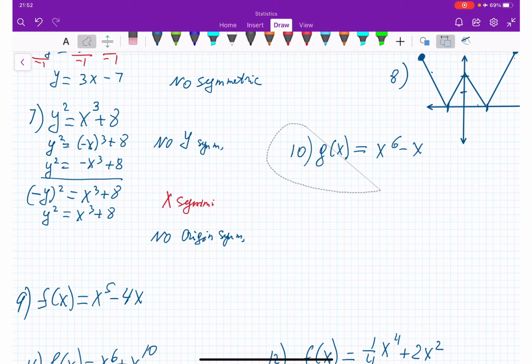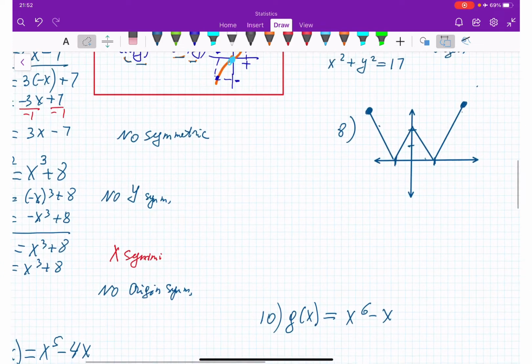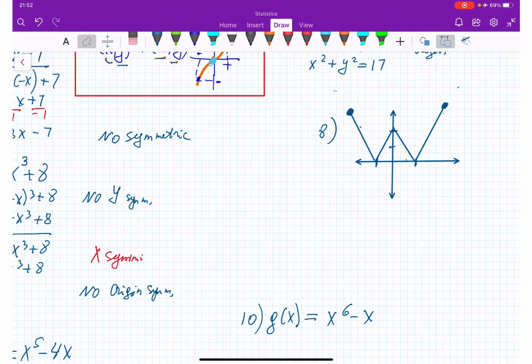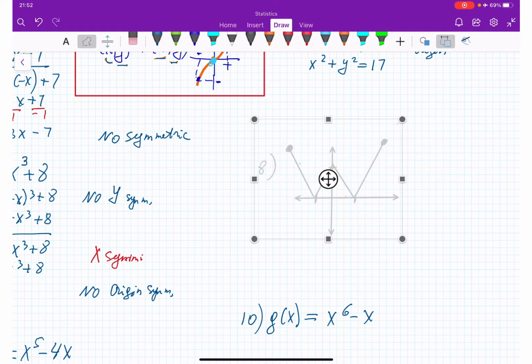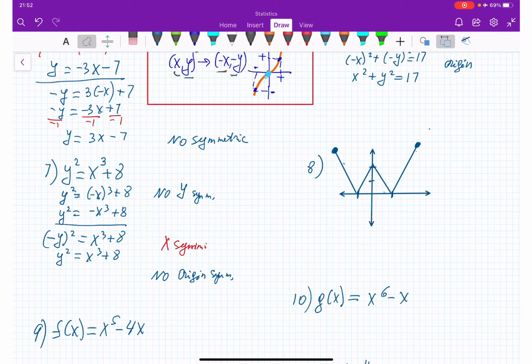Moving to question number 8. This is the graph for question number 8. Let's see what we have to do here. With question number 8, we are now going to identify symmetry based on the graph.